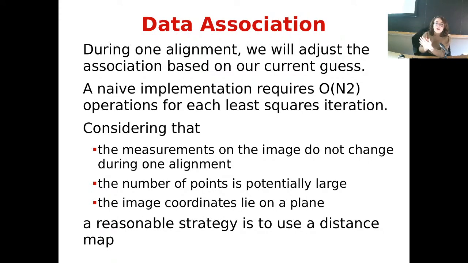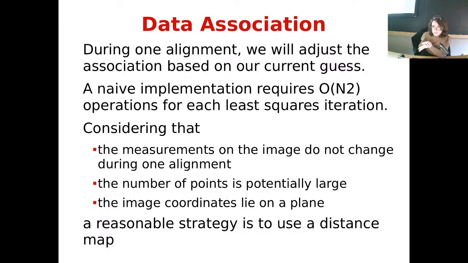Once you have a distance map to query, the complexity to obtain the nearest neighbor for a given point of the world frame projected onto the image plane is constant, O(1), because you only need to access the matrix. Together with the distance map, you have the information of what is the nearest neighbor for each point in time O(1).